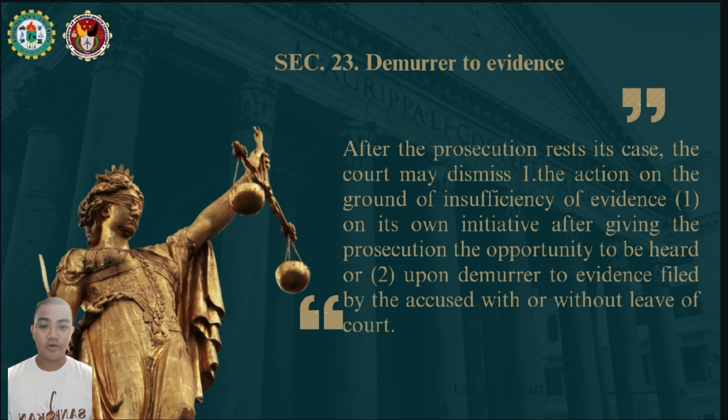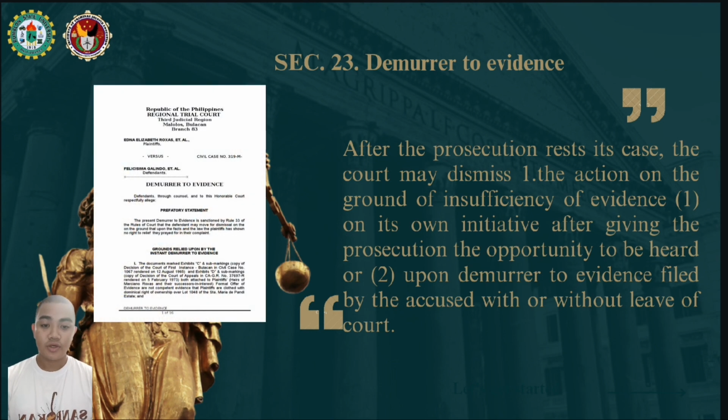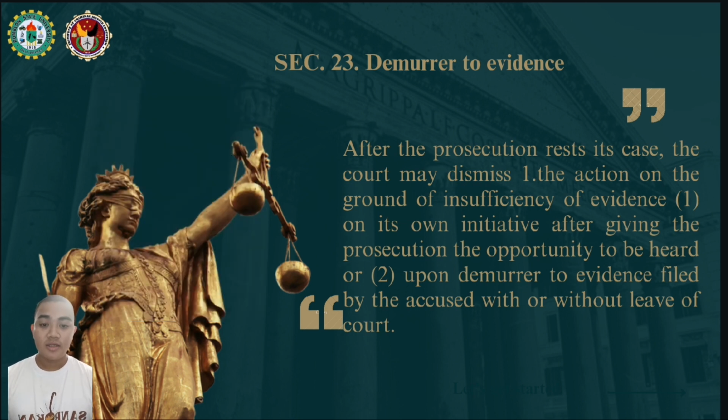What is demurrer to evidence? It's a move made by the accused after the prosecution finishes presenting its case. They're saying, even if everything the prosecution said is true, there's still not enough evidence to convince me.